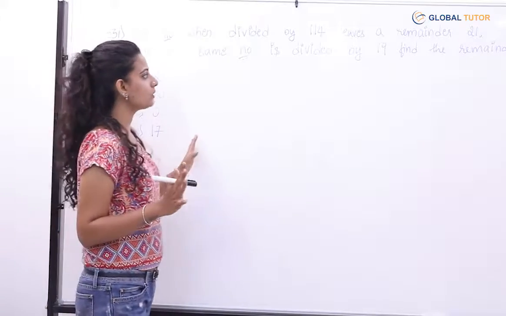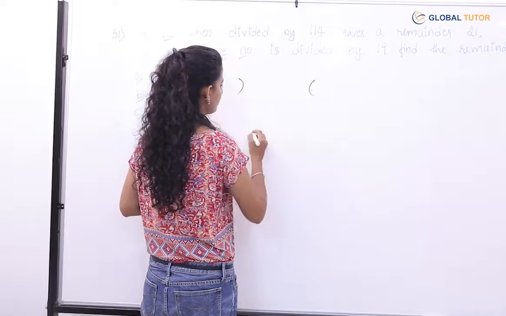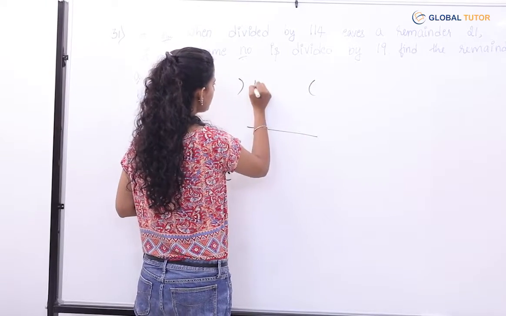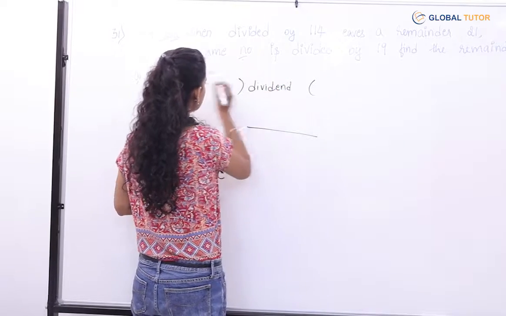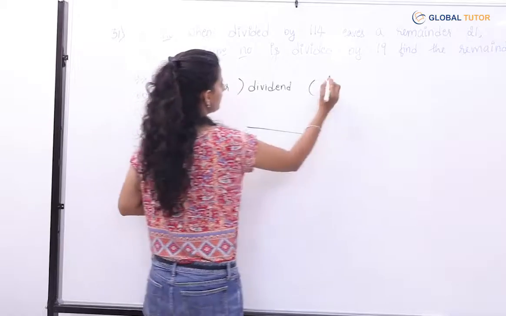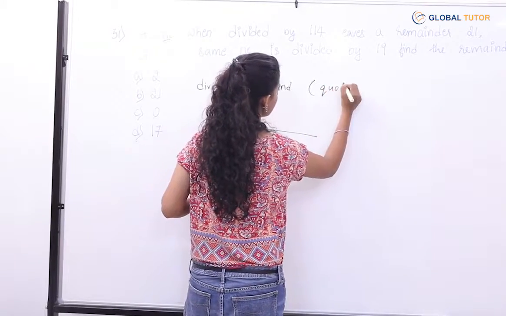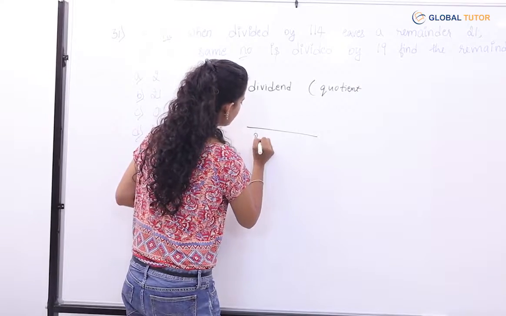It is first very important that you know these terms. This is dividend, this is divisor, this is quotient, and this will be remainder.